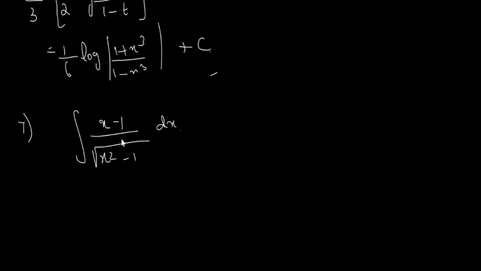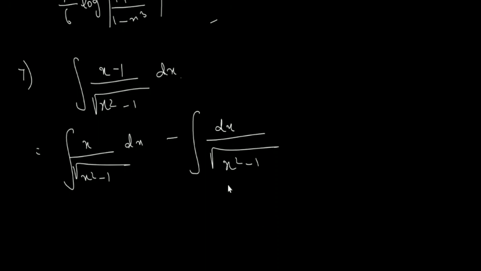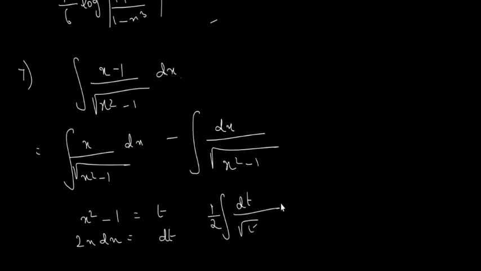So you can split this into two integrals. This is integral x by root of x square minus 1 dx minus dx by root of x square minus 1. So here you can use the formula, this one, for the second part. For this you use substitution method. x square minus 1 is t. So straight away you will get 2x dx is dt. So x dx will become dt by 2 by root t.